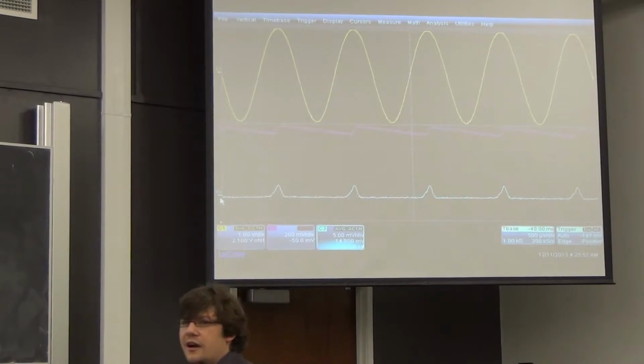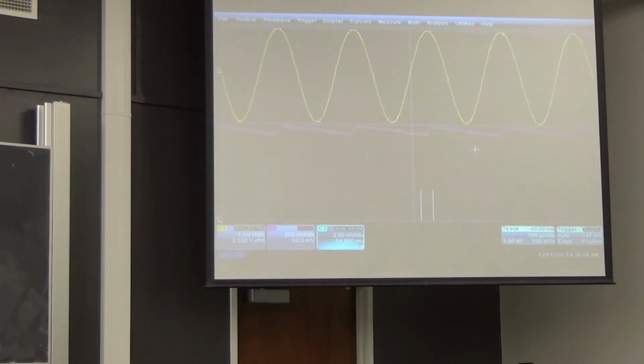Now at the moment they're still averaging switched on, so the waveforms are decaying away slowly. Done? So gone away.